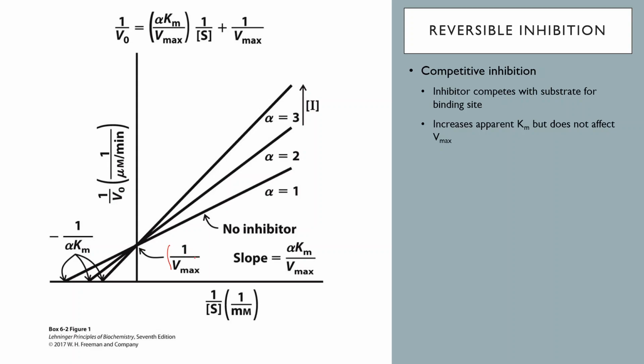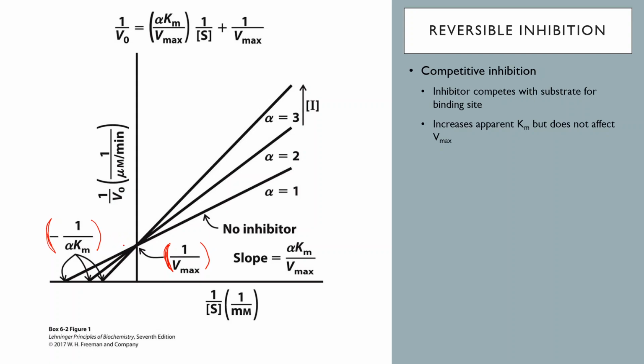Again, the y-intercept is always 1 over Vmax. So that value isn't changing with inhibitor concentration, but you do see an increase in the slope, and you also see an increase in the x-intercept, because of course if you're seeing an increase in the slope, you must be seeing an increase in the x-intercept, and that tells you that you are dealing with a competitive inhibitor.